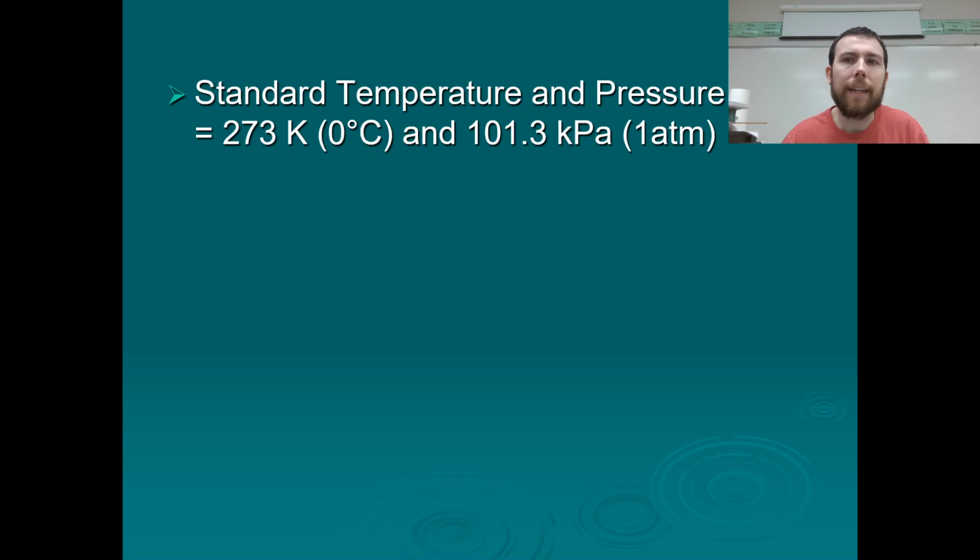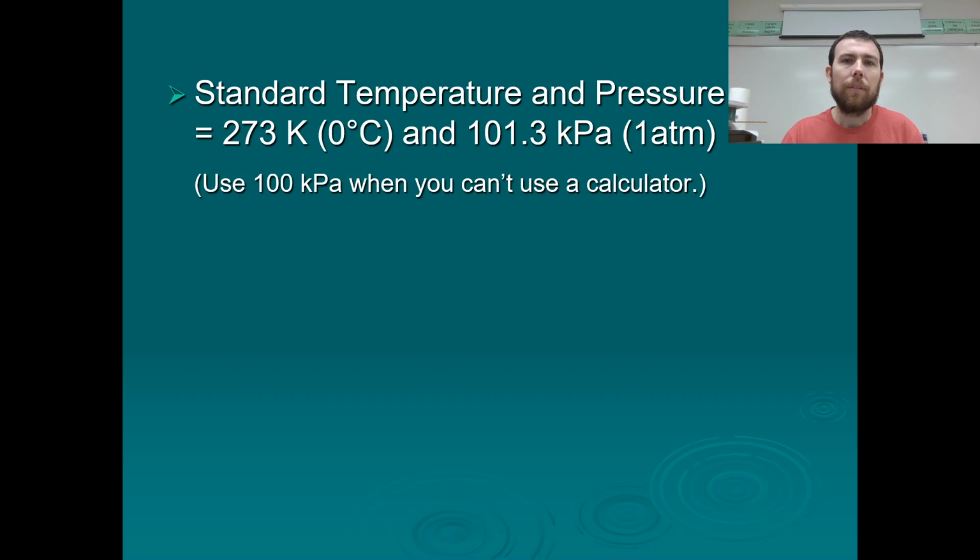Now, at standard temperature and pressure, STP, so remember those conditions: 273 Kelvin, 0 degrees Celsius, and 101.3 kilopascals, or 1 atmosphere, our conversion factor, or our constant, is going to be determined by using those conditions. If you don't have a calculator, you can just simply use 100 for 101.3 kilopascals to get your answer in the ballpark.